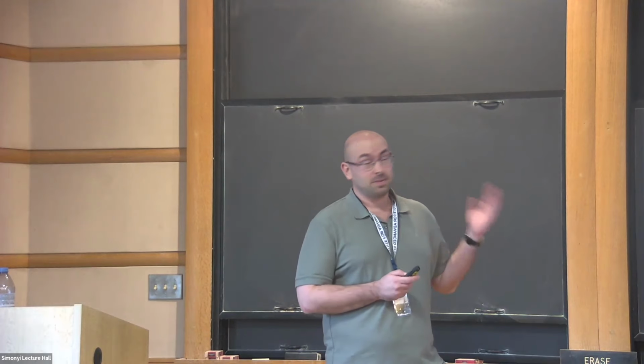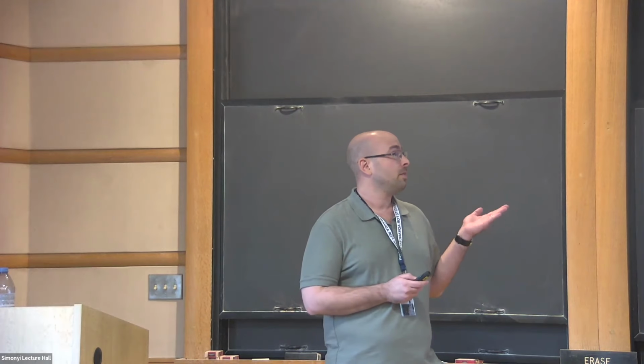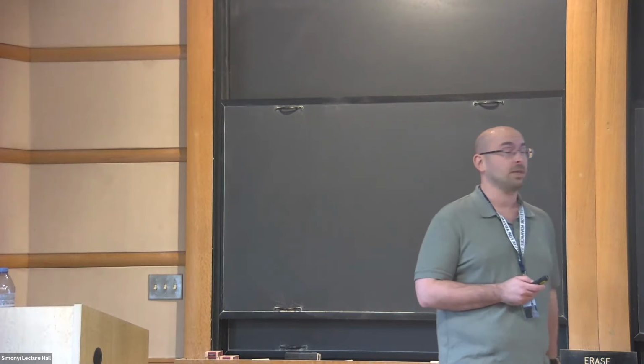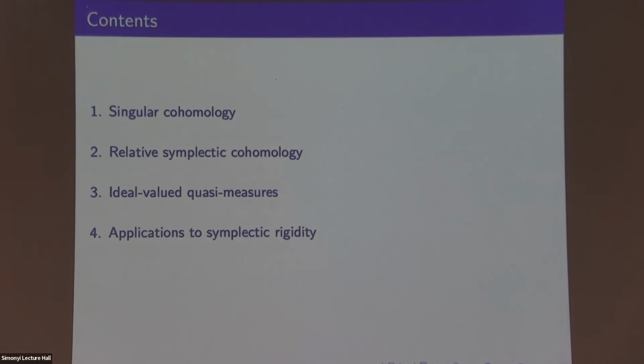Today I'm going to talk about relative symplectic cohomology of pairs, and this talk is based on joint work with Yaniv Ganor, Leonid Polterovich, and Frol Zapolsky. My plan is to start with a short survey on singular cohomology, and then I'll move to relative symplectic cohomology that is defined by Varolgunes, and we generalized it to the case of pairs.